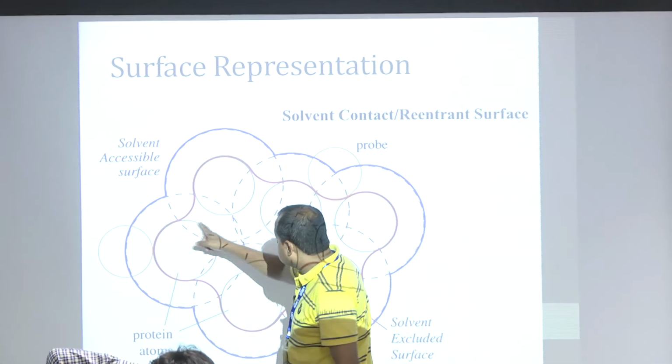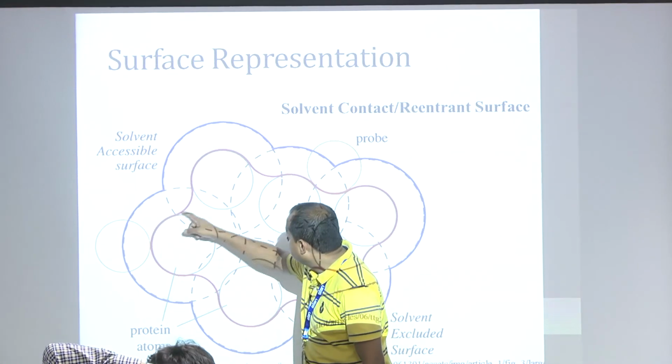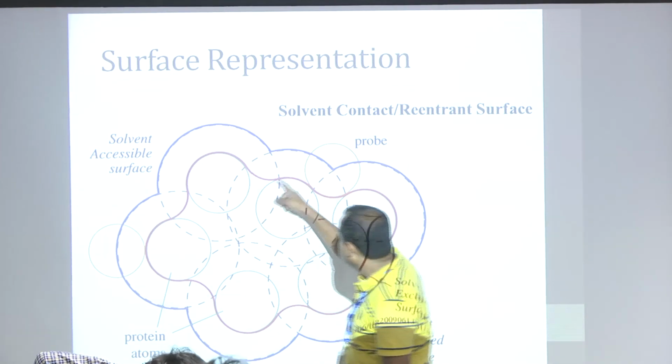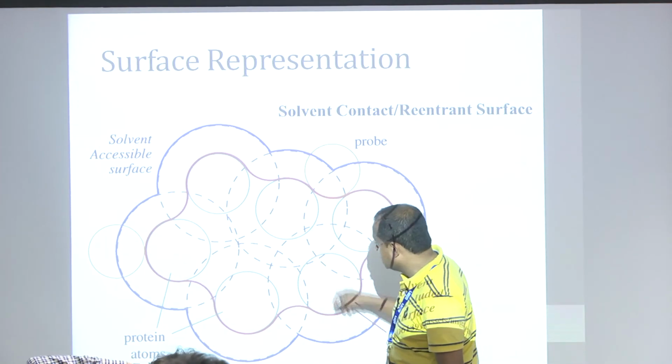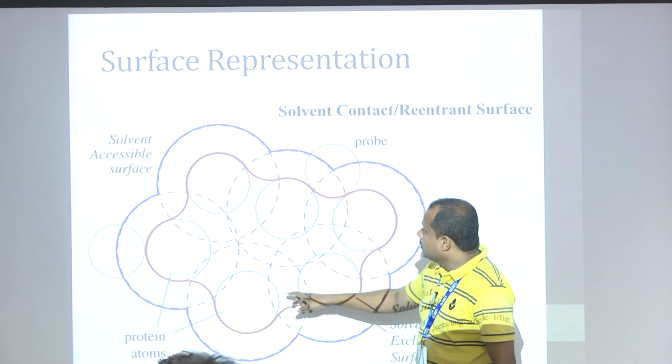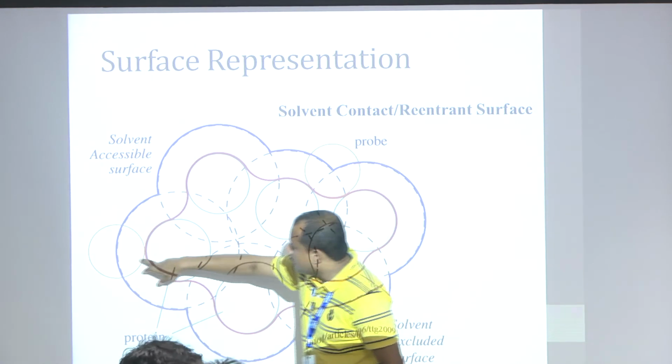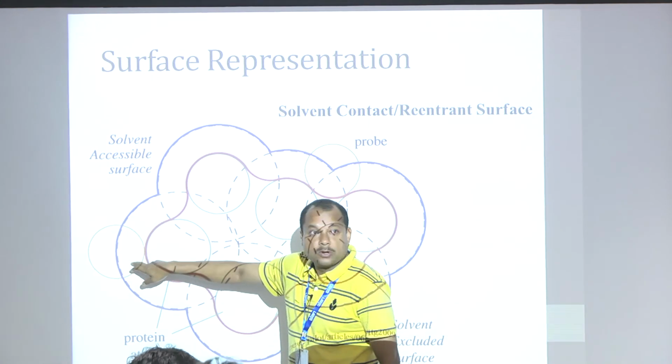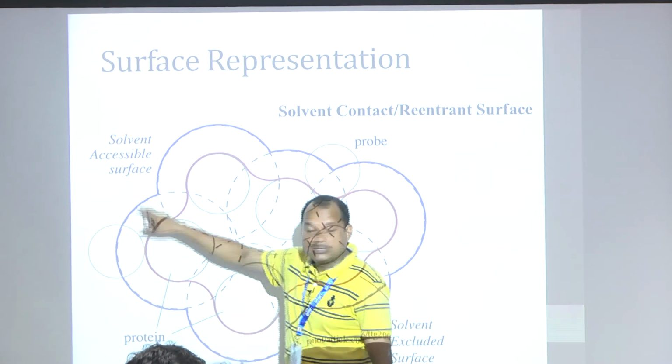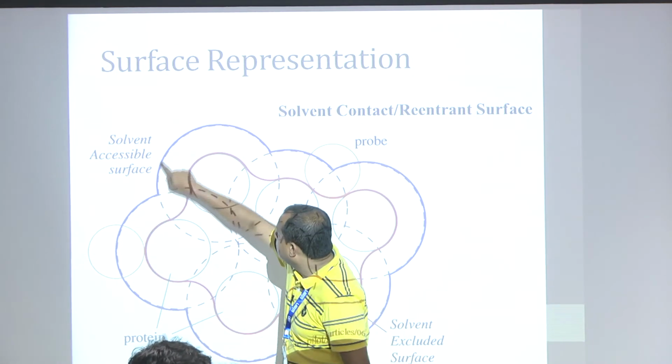So, just look at this, this is the atom from the protein. Now, when a probe or, say, a water molecule rolls over this one, it is rolling like this.